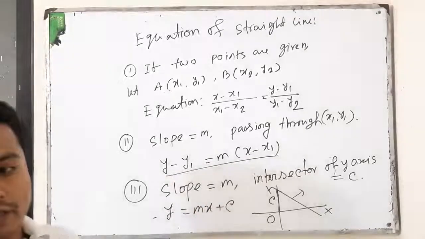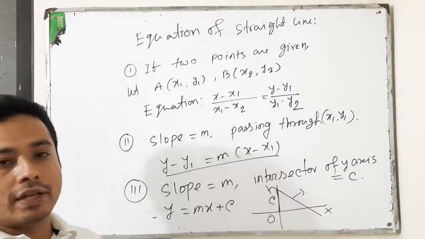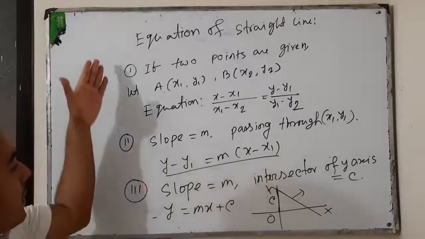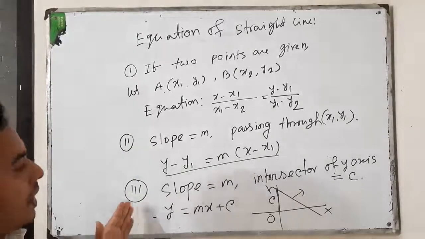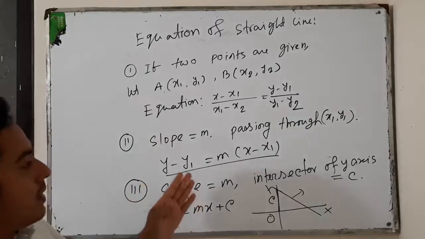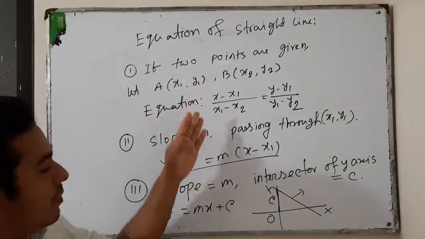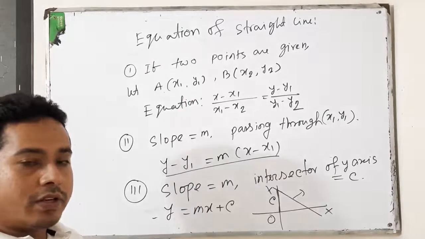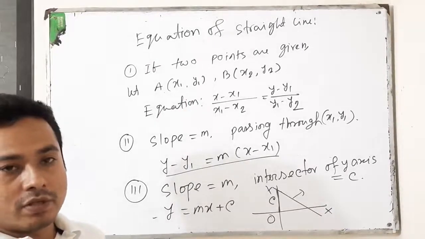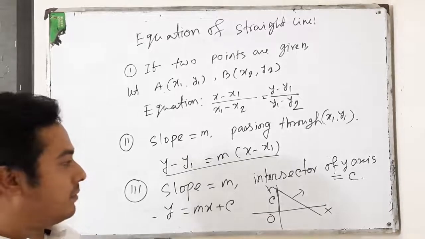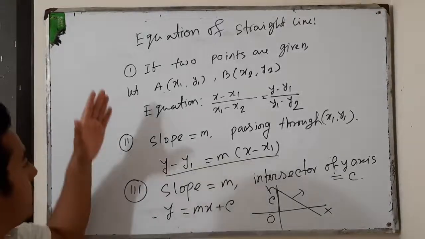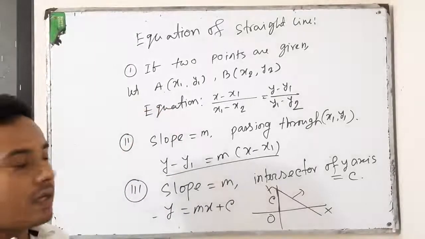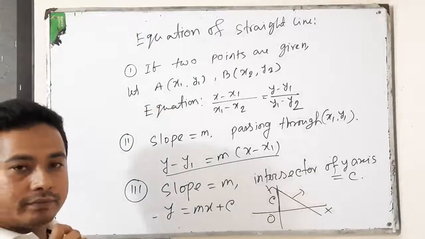Okay, already we have discussed the three equations of the straight line. You have to memorize these formulas, because without memorizing the three equations, solving our three questions is totally impossible. So at first you have to memorize the three equations of a straight line. First one is if two points are given.